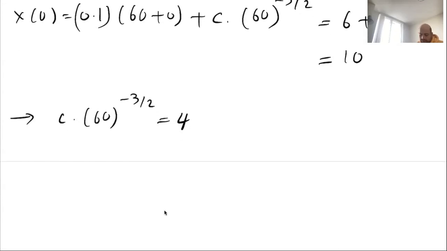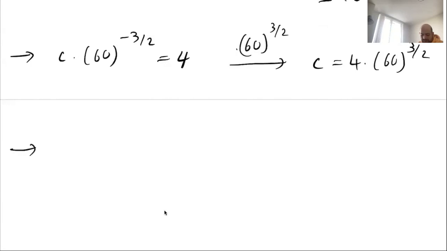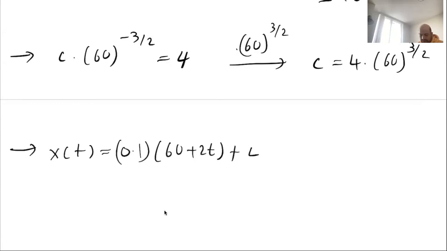And therefore c will be equal to, if I multiply both sides by 60^(3/2), c will be equal to 4 times 60^(3/2). So x(t) will be equal to 0.1 times (60 + 2t) plus 4 times 60^(3/2) times (60 + 2t)^(-3/2).